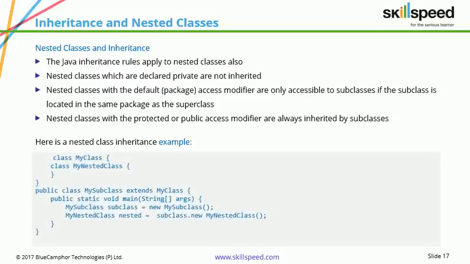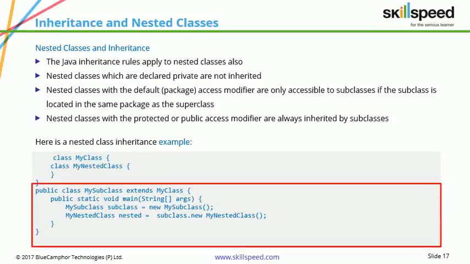Let us look at an example. Class myClass contains a nested class called class myNestedClass. Now I am trying to access this one in the public class mySubclass extends myClass. I have a public static void main in which I am creating an object for the mySubclass: mySubclass subclass = new mySubclass, and I am going to create an object for the myNestedClass using myNestedClass nested = subclass.new myNestedClass.